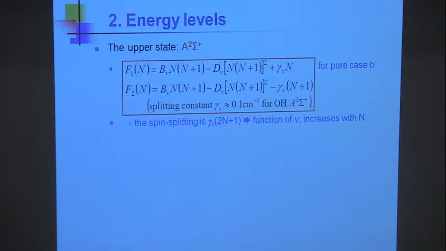for J equals n plus a half versus J equals n minus a half, plus, minus. The splitting constant is about 0.1. So that just says that the F1 of 7 and, say, the F2 of 7 are split by about 0.2 wave numbers.